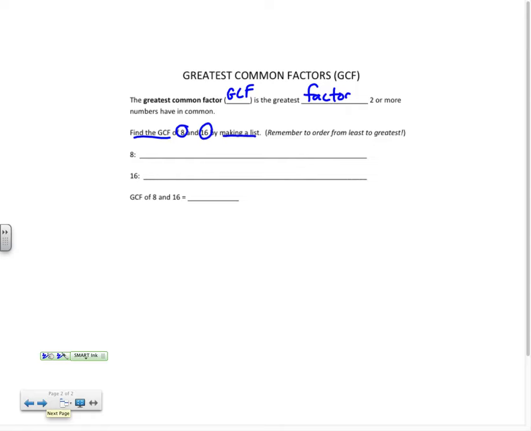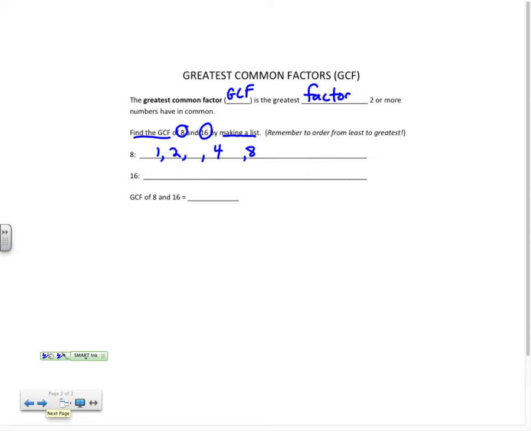We could have made a T-chart as well. So let's remember to order the numbers from least to greatest. So starting with number 1, the factor pairs of 8 are 1 and 8. Remember, I put 8 at the end. It's the largest number. Then I have 2 and 4. And I believe that's it for 8.